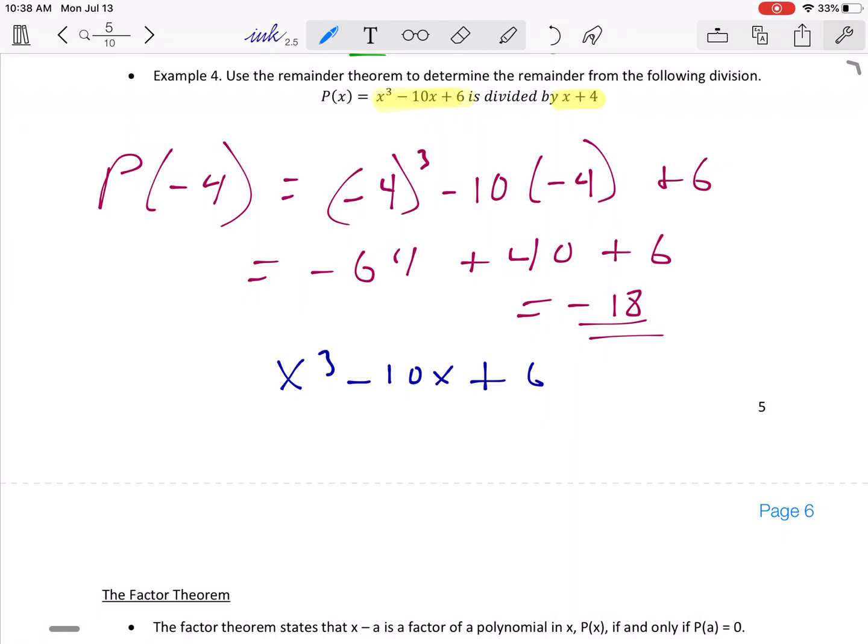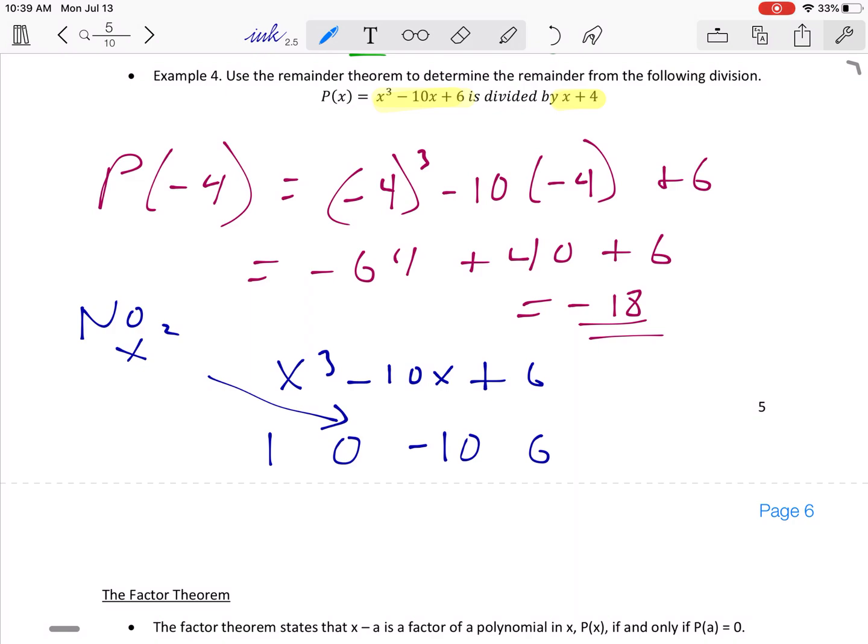So how would we write that out? Again, go by coefficients. So 1 for x cubed. There is no x squared, so your x squared slot would have a coefficient of 0. Okay, so that's important. This 0 here is because you have no x squared. And then you've got negative 10 as your x, and then you have your 6 as your constant.